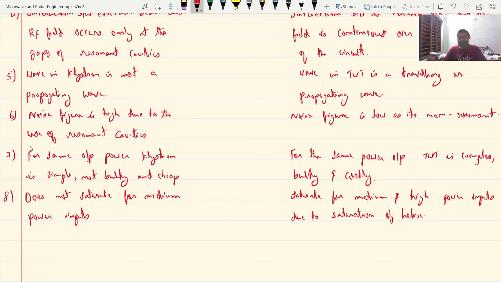Application also I told you: it is mainly utilized in broadband microwave applications. It can be utilized as a repeater amplifier in wideband communication links. It is a drive amplifier in high power radars. It can be utilized as a low noise front end RF amplifier in most radar systems or receivers.